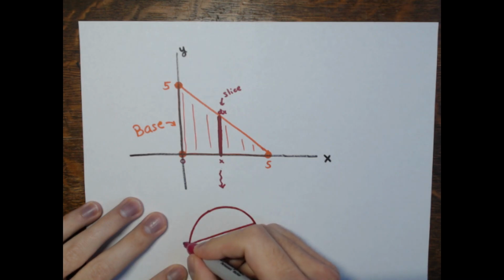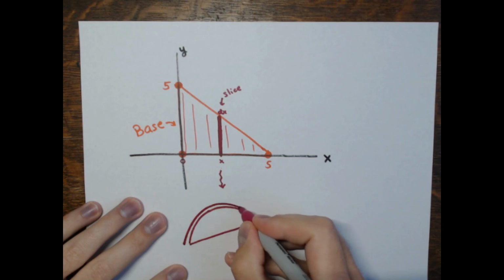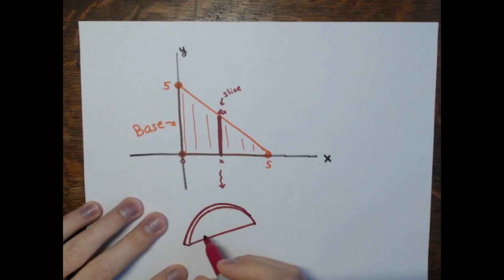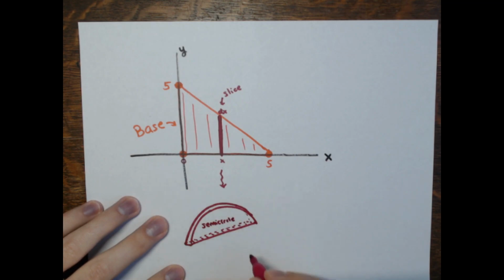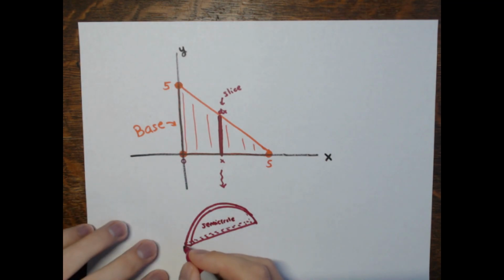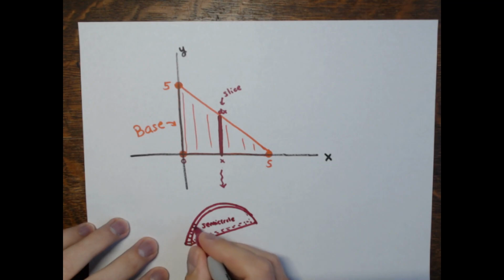So, like this, really thin. It's not a great drawing, but with this thin rectangle on the bottom, something like this. But these are semicircles, right? Half circles. Again, the thickness will be, I'll call it dx.